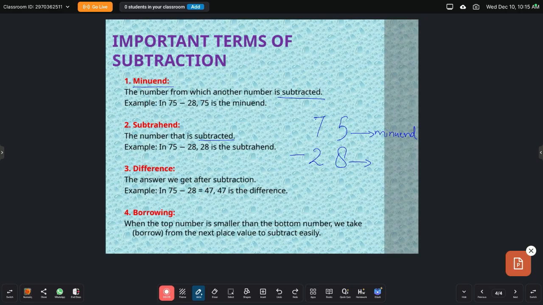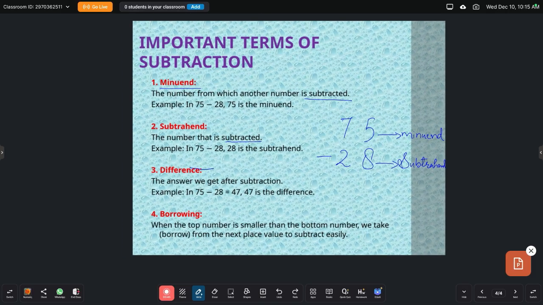This 28 is the subtrahend. So what is minuend? Minuend is the top number from which we subtract the subtrahend. Subtrahend is the bottom number.